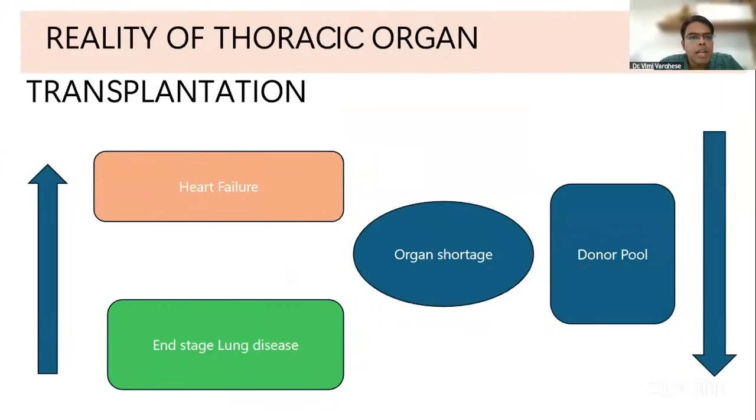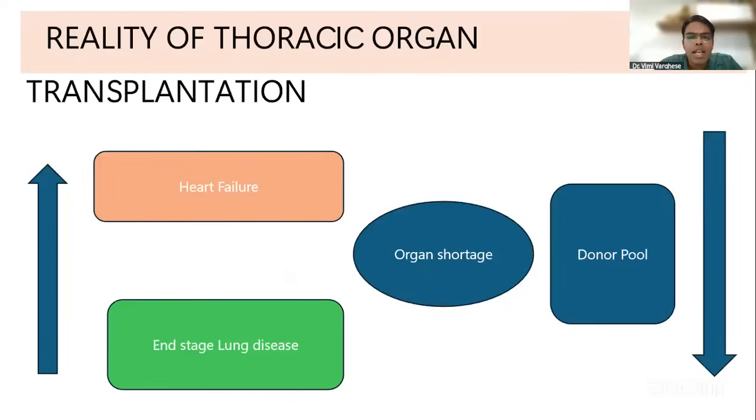Right now the scenario is we have a lot of patients with heart failure or end-stage lung disease that requires an organ transplant, and we have a donor. However, almost 30 to 40% of donors we are not utilizing because of many reasons, right from low PF ratios, infections, contusions, etc. And we might be declining this donor.